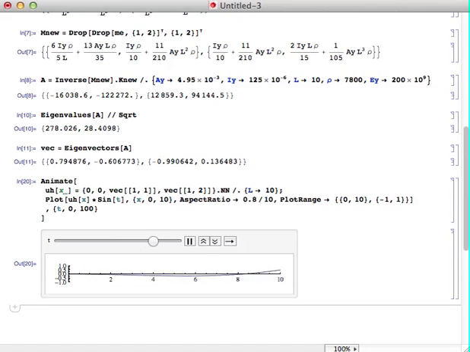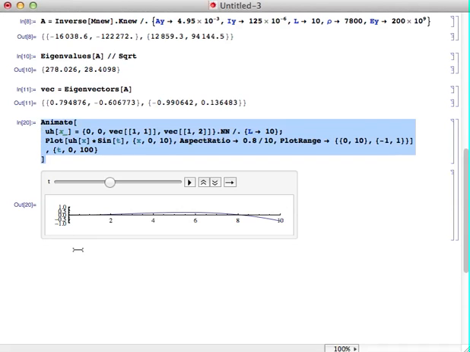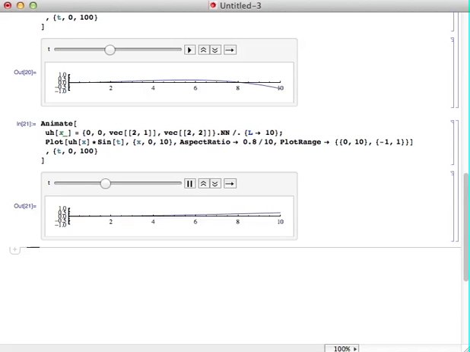And we could do the same thing for the first mode. The first mode is not quite as fun because it's just what you'd expect, right?